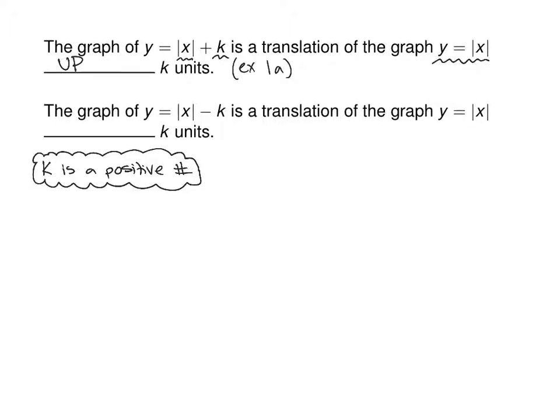And if we take absolute value of x minus k, then we shift the graph of absolute value of x down k units. And if you think about it, you can see why I had to make sure that k was positive, because if k was negative, absolute value of x plus a negative actually would be a downshift. But you get the idea.